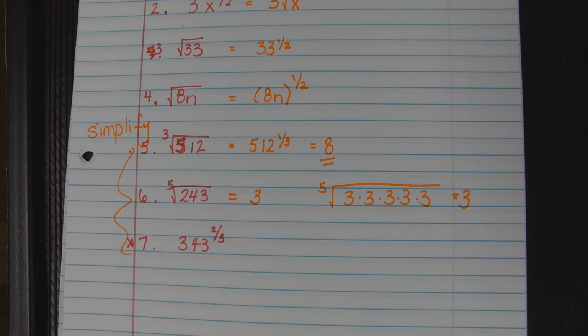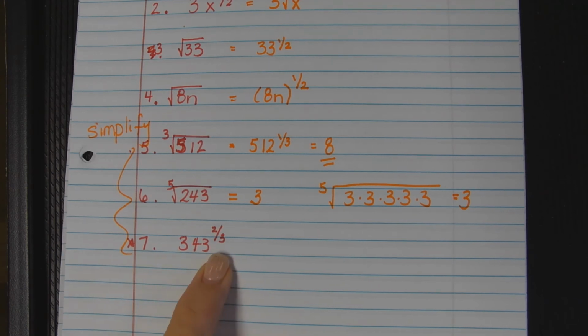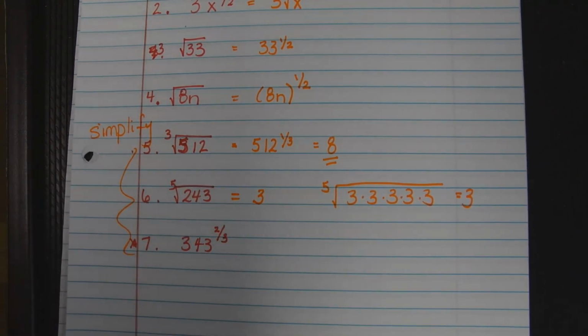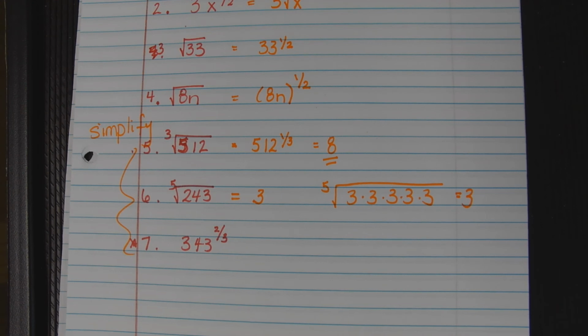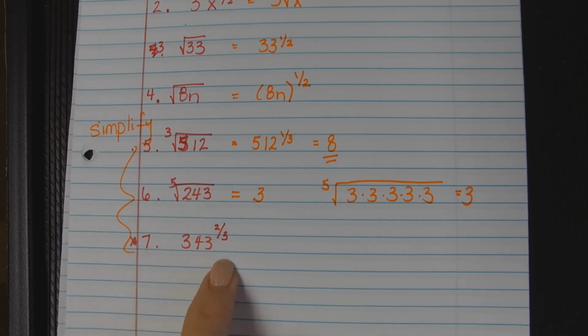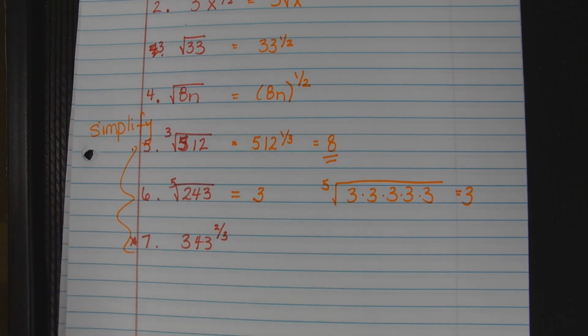As soon as you make this exponent a fraction, it changes the power. That exponent has a lot of control. I want you right now to rewrite this in radical form. You will need to look at number 3 on your notes. How do you write this in radical form? Do it now.